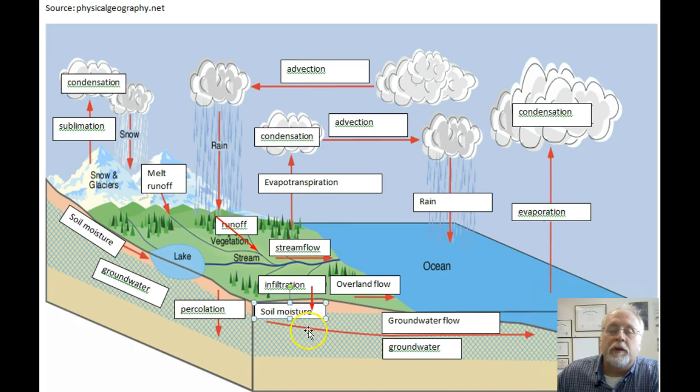But in most of those technologies, the end goal is to try to get it to recharge the groundwater. The third we've mentioned is reuse. That doesn't show up on our hydrologic cycle map here.